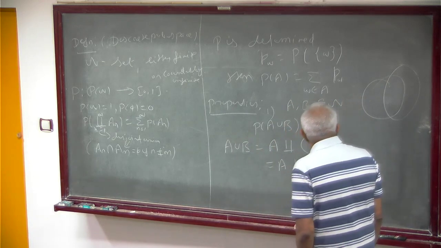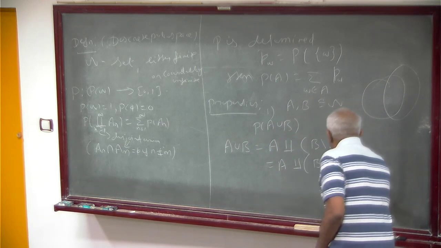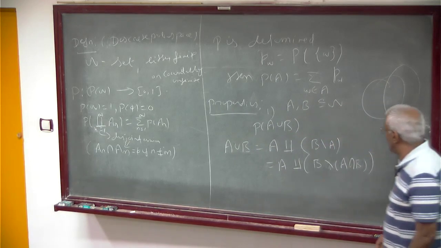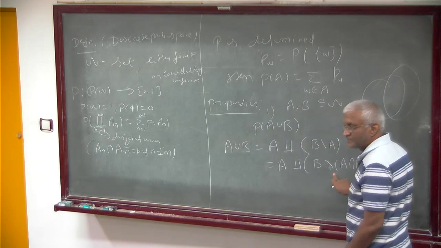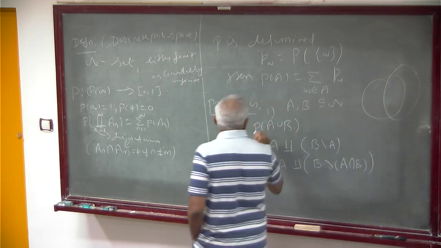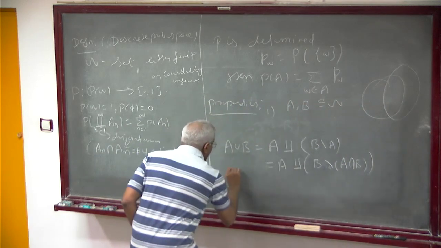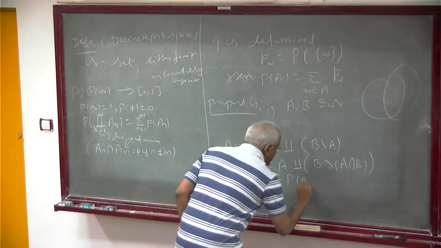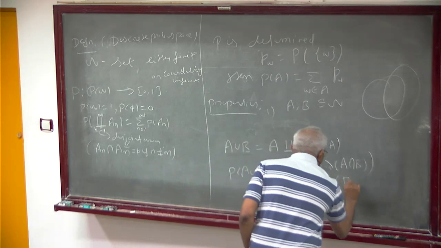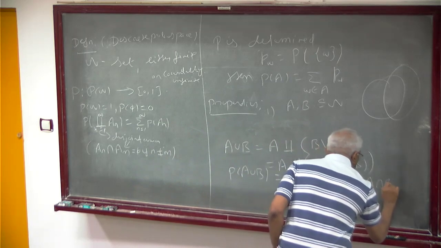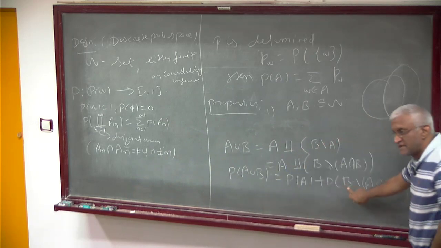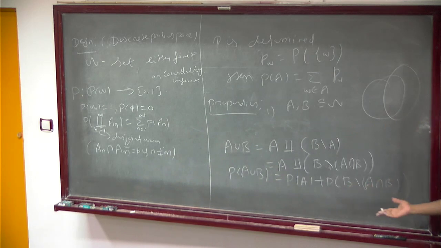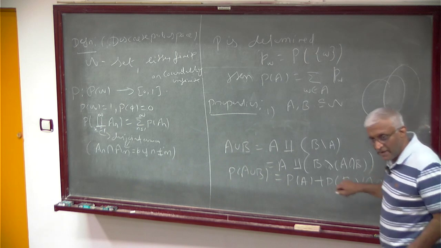Sorry, it is intersection. I wrote union, but it's intersection. So these two are disjoint sets. Because of that, P of A union B equals P of A plus P of B minus A intersection B. But A intersection B is contained in B, and last class we noticed that if a set is contained, then the probability of the difference is just the subtraction.